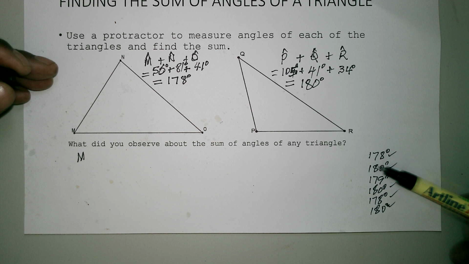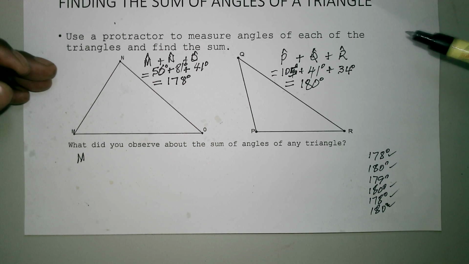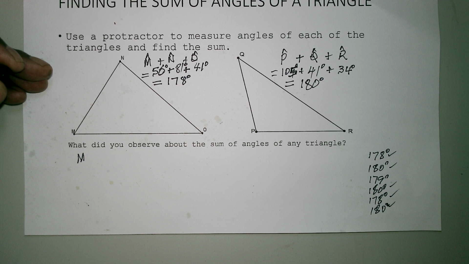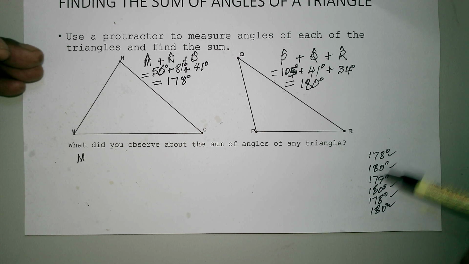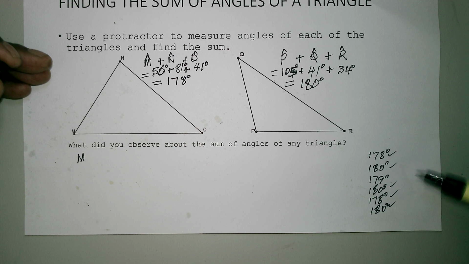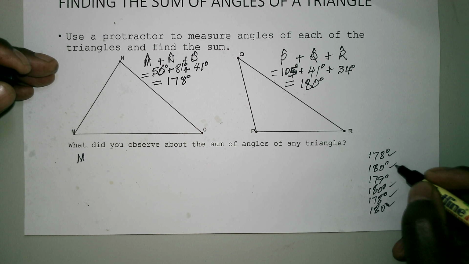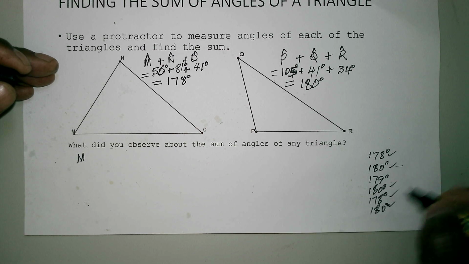So I could say my observation for the few triangles is that the sum of angles is 180 degrees.